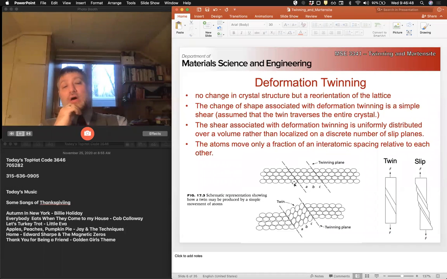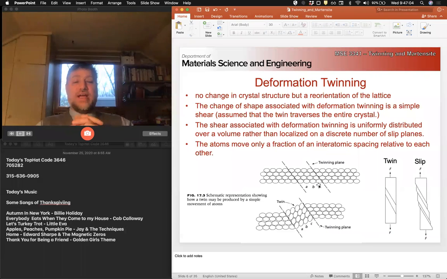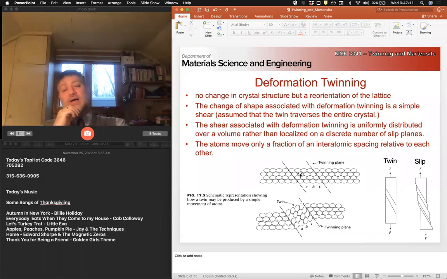So imagine we have an atom at the center of each one of these ellipses. Okay, this is an analogy to understand how twinning happens, right? Why we can get this macroscopic shear with all of the atoms moving only a small relative distance. Now imagine each of these ellipses rotating.